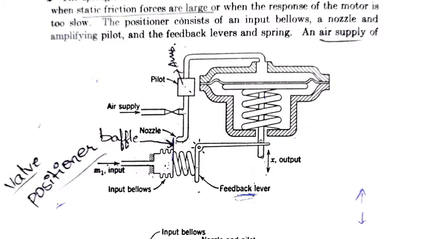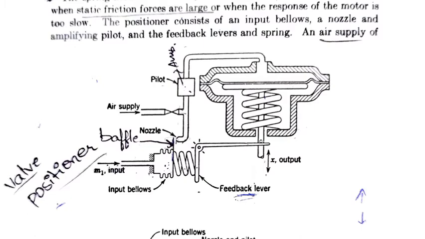This is fixed here, so whenever it comes down, it moves to the left side. When it moves left, the spring moves the flapper back to the original position.